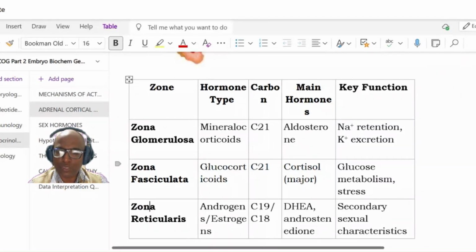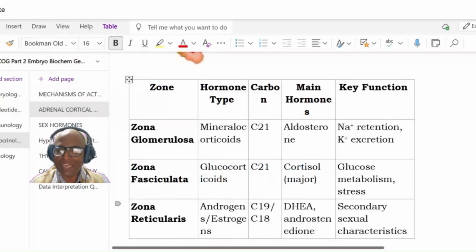Second, the middle layer is zona fasciculata. It secretes the glucocorticoids. Again, this is a C21 carbon compound, and the major hormone is cortisol. It has action on the glucose metabolism and in stress. Third is zona reticularis, which secretes the androgen and the estrogen, and these androgens are C19 molecules, while the estrogen is a C18 molecule.